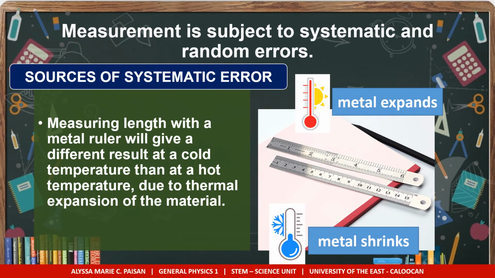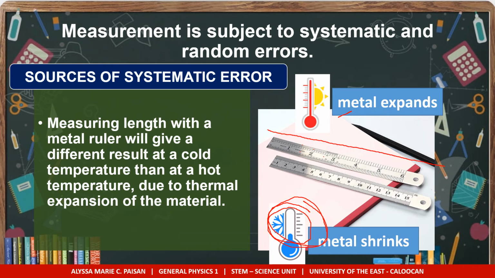And what does that mean? It means that during hot summer days, the ruler will measure longer distance or longer length compared with a measurement done during cold weathers. Why? Because during summer days, this one expands, meaning it becomes longer.